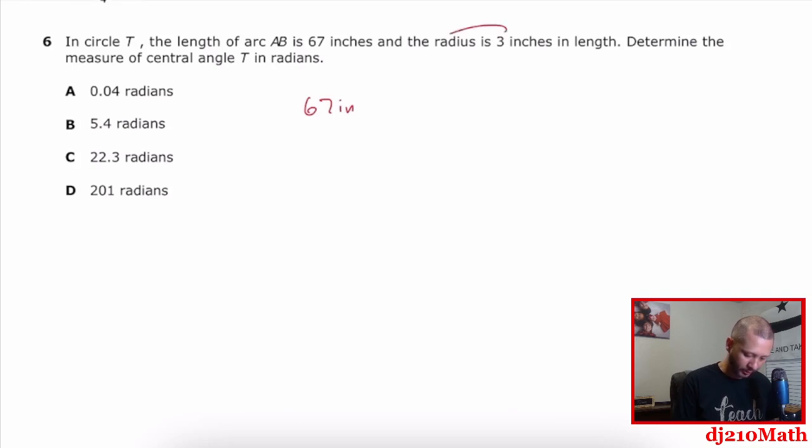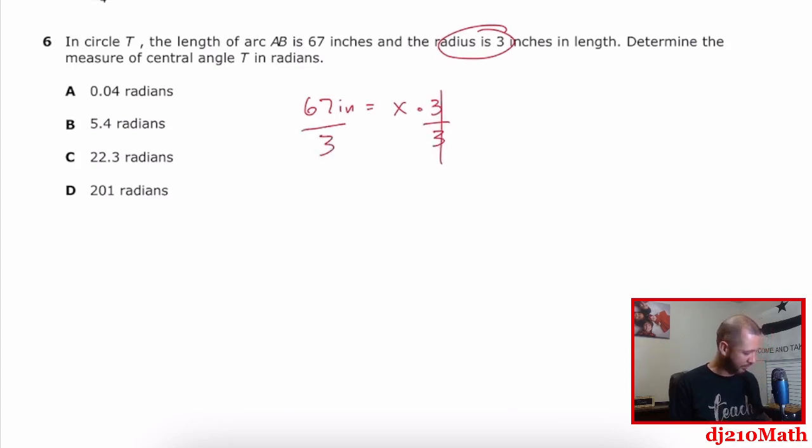The radius is 3 inches. Determine the angle. All right, so this gets very repetitive, very quick. Divide both sides by 3. 67 divided by 3 is 22.3 radians.